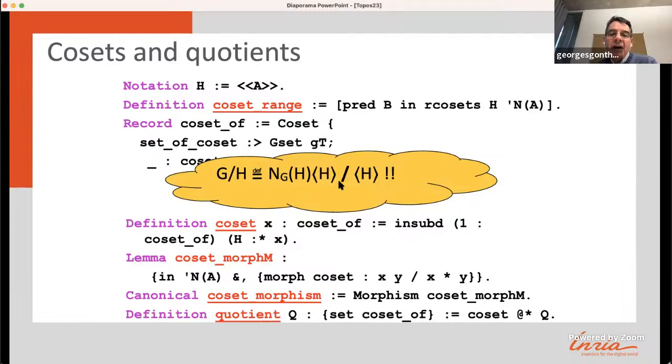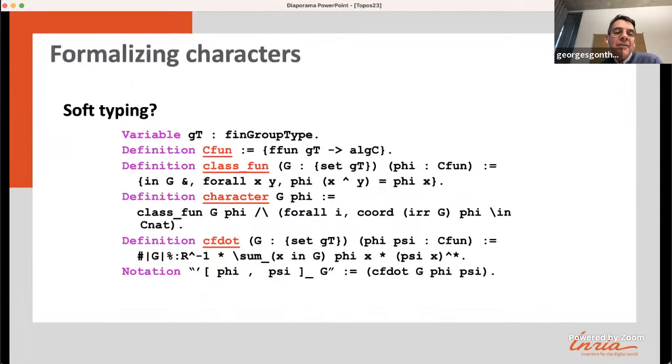It tells you that G divided by H is this construction, where you actually restrict G to the normalizer of H, and then quotient by the group generated by H. So this is the actual meaning of the definition, and it actually simplifies the proofs quite a bit, because if you look at group theory textbooks, you actually see this expression all over the place. So because we're doing formal math, we actually can improve the maths.